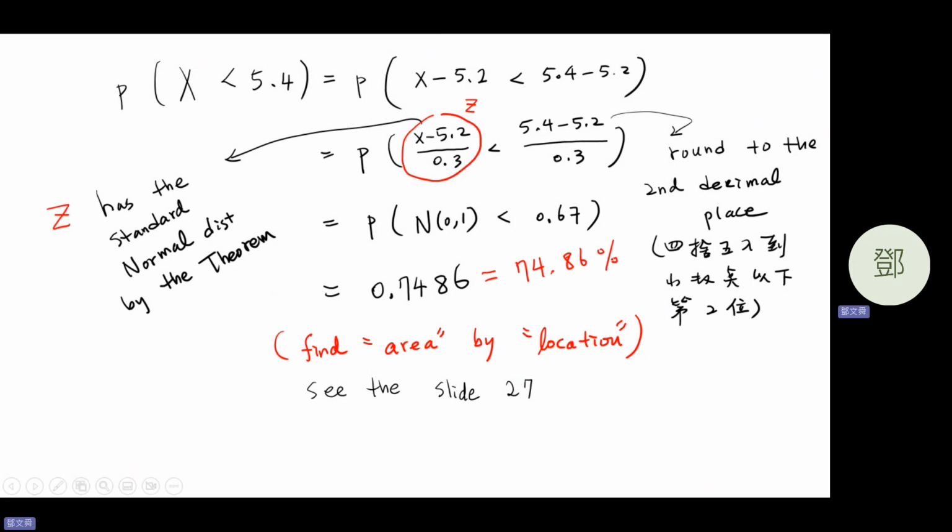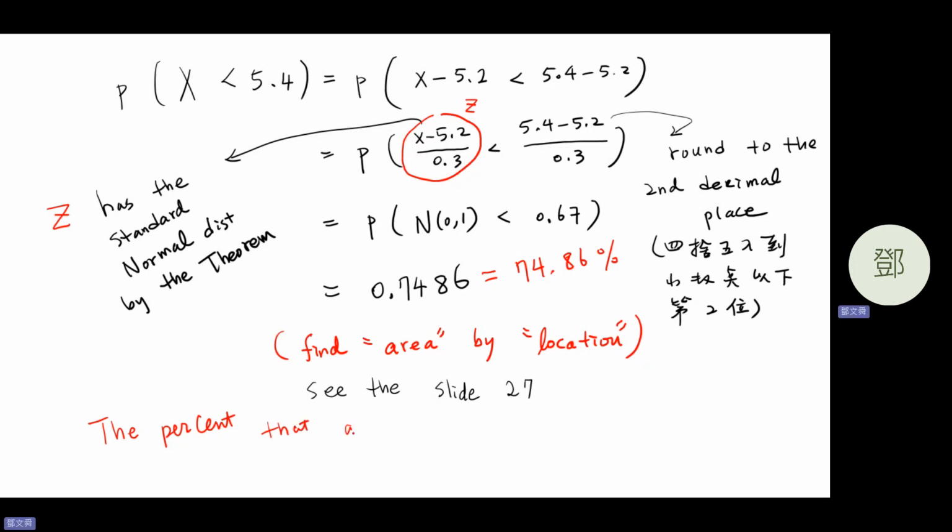That's the answer. So the percentage of adults who have blood less than 5.4 liters is 74.86.